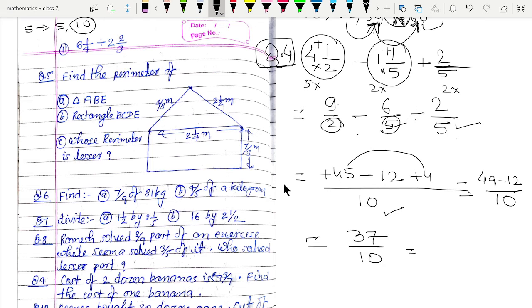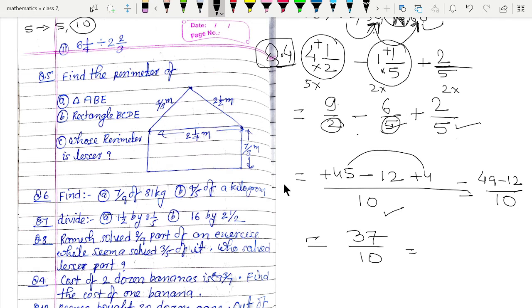See, 6 fours are 24, plus 1 equal to 25 by 4. The denominator will remain as usual. 3 twos are 6, 6 plus 2 equal to 8 by 3.